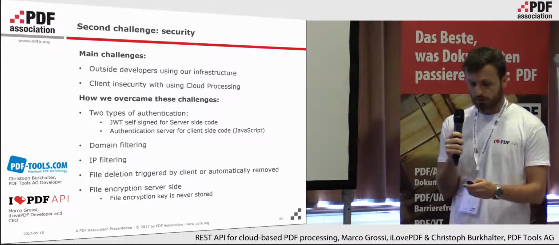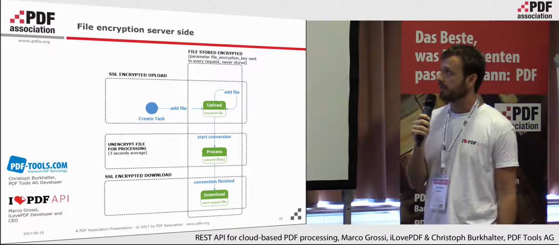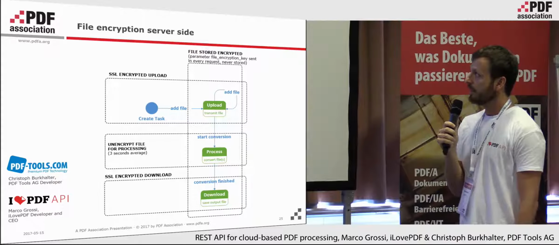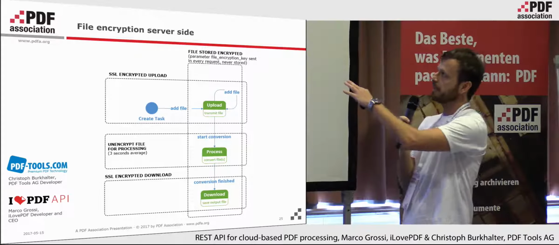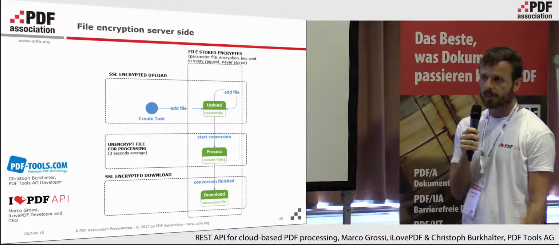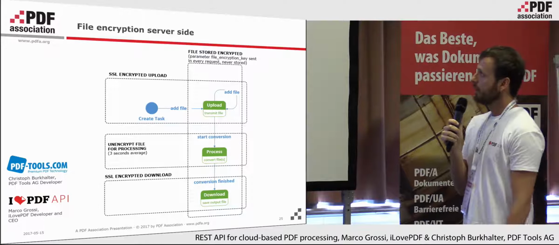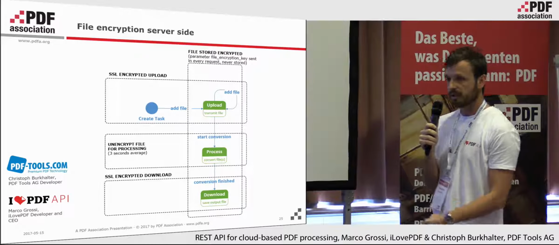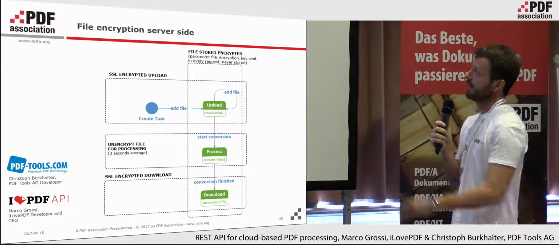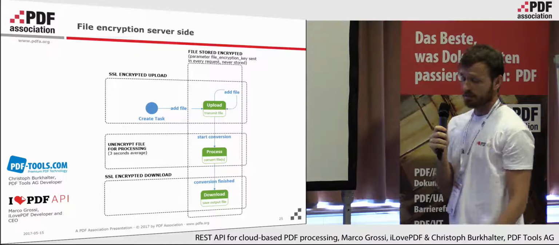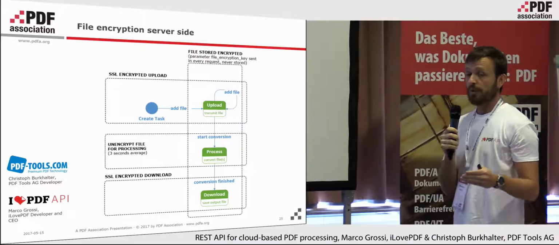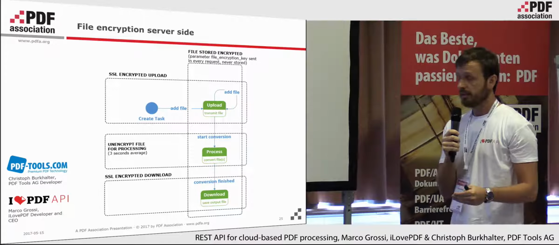Of course, I can show you a design like the one of Christoph. The file is transmitted already encrypted with HTTPS to the API. Immediately after the file is uploaded, we encrypt the file with the file encryption key provided directly by the API client, because we never store this key.